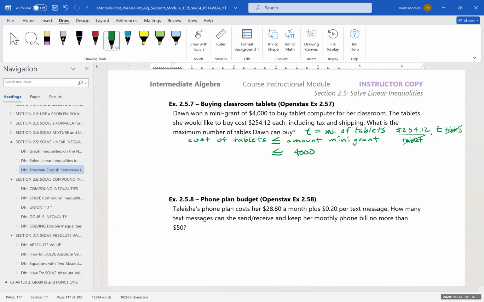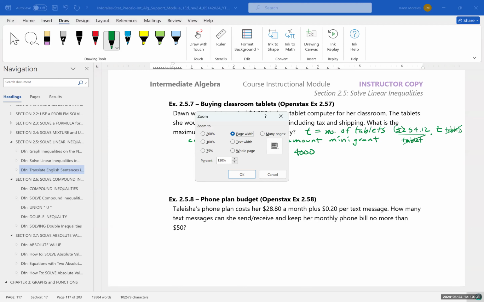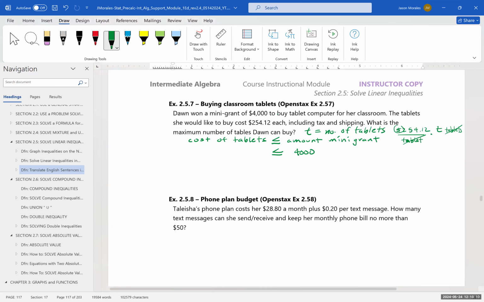Tablets cancels, and that leaves us with dollars. So this is where we're going to have $254.12 times T, because if we do it that way, our tablet units will cancel, leaving us just dollars.